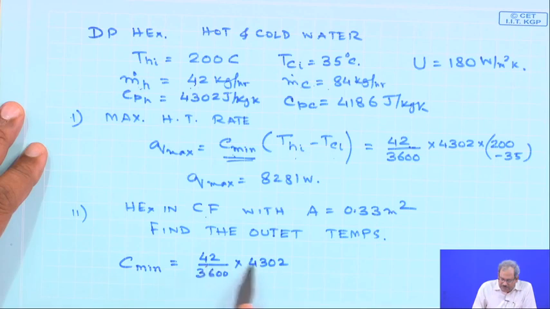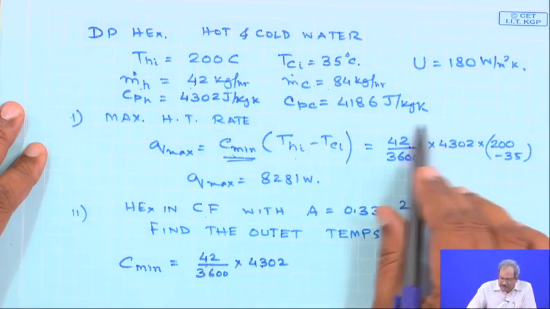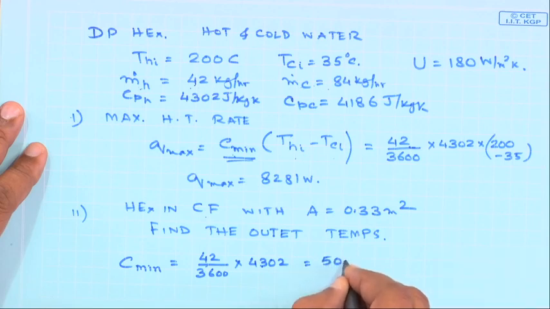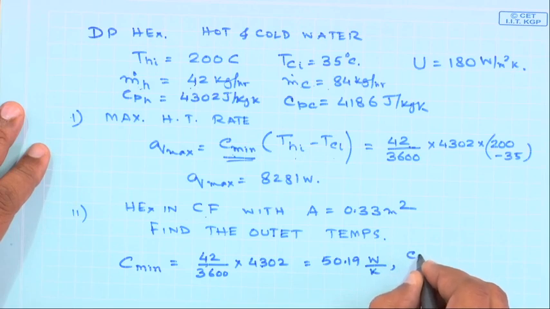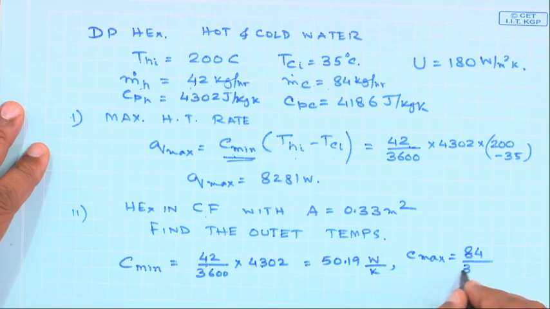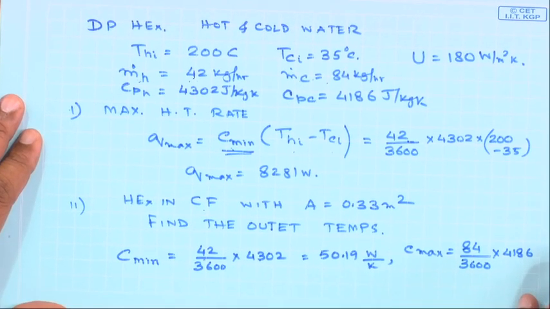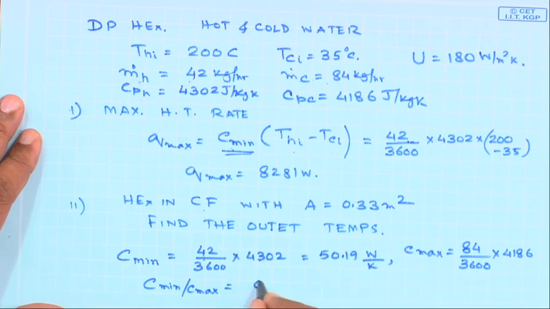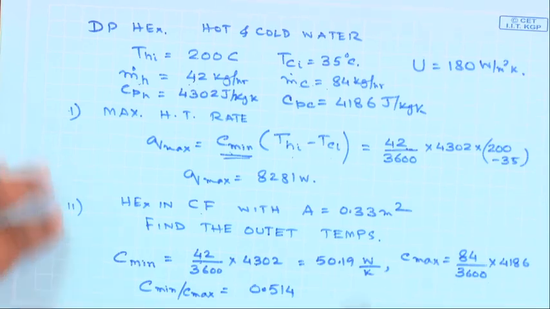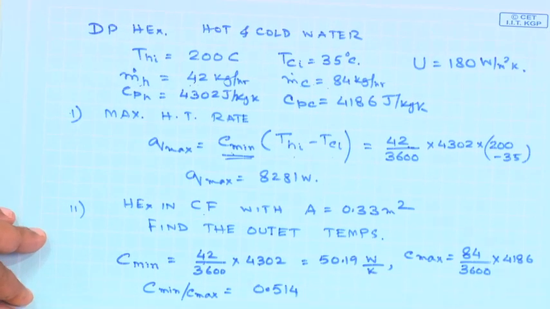This is m dot h times Cph, the same thing we did over here, which is equal to 50.19 watt per Kelvin. Similarly, C maximum is 84 kg per hour, divided by 3600 to get kg per second, multiplied by 4186, the Cp of the cold fluid. When you take the ratio of C minimum by C maximum, this turns out to be 0.514. That is a straightforward substitution of the values.